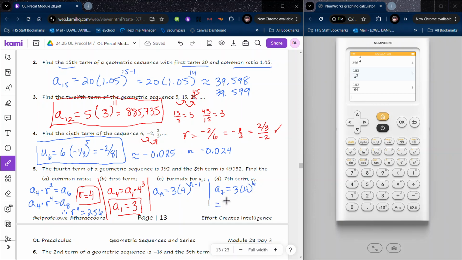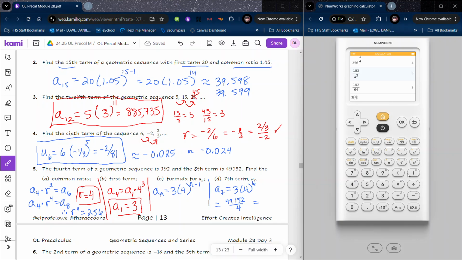But I could also get it by taking my 8th term and dividing it by the common ratio to get to my 7th term.